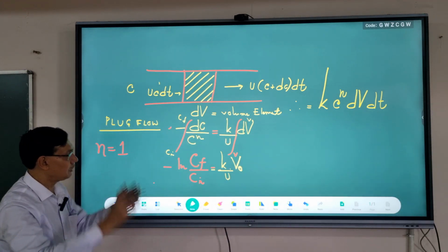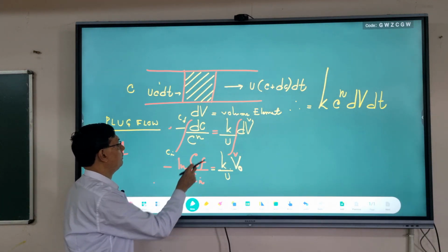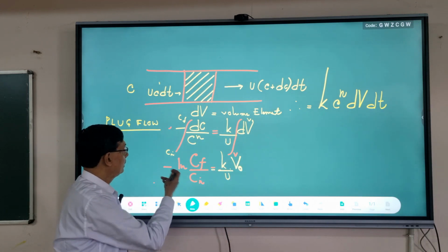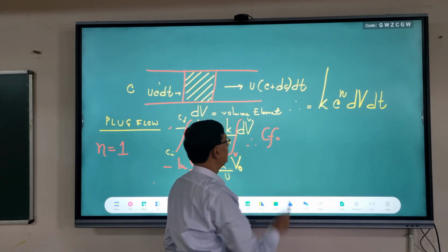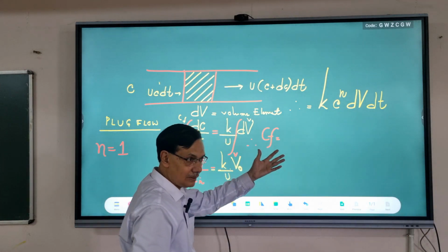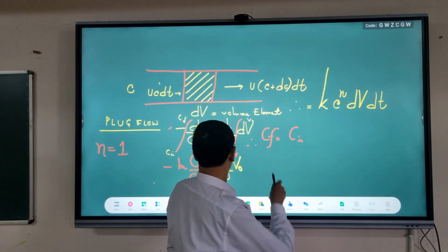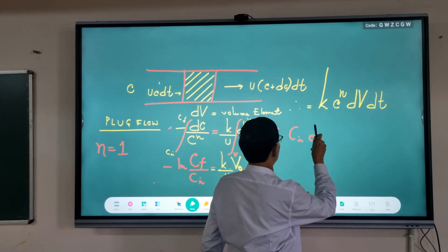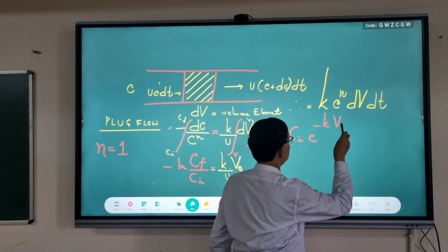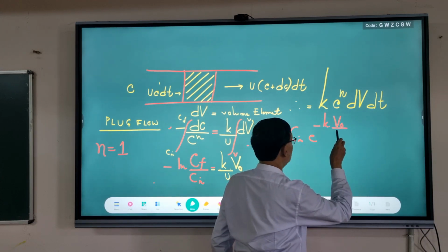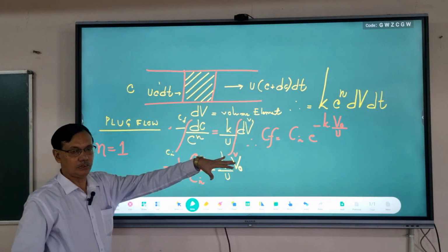Just like you remember your first order kinetics, natural log of Cf over Ci is equal to minus k V0 by u. Therefore Cf is equal to Ci exponential minus k V0 divided by u, the rate of change in volume. Just like your first order kinetics.